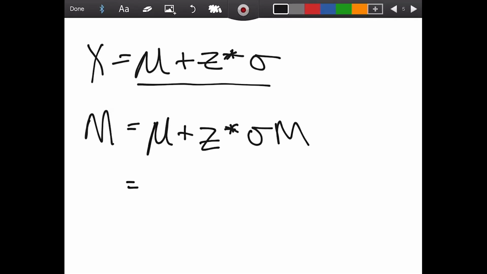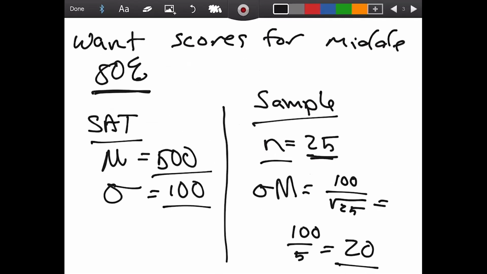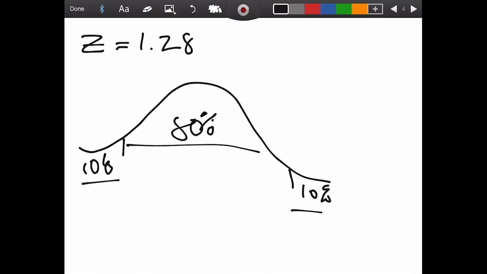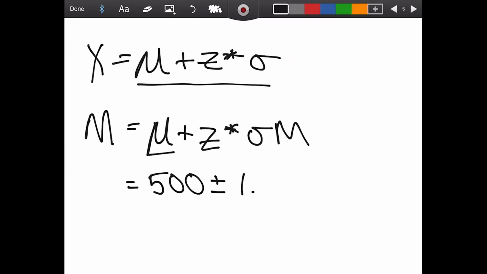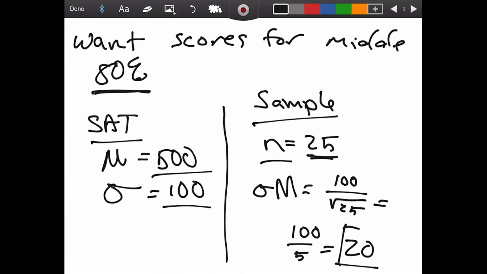So the mean value we have is going to be that mean for the SAT, or 500. We're going to do plus and minus because we want that middle 80%. The z-score, which is 1.28, times that standard error of the mean, which we calculated was 20.